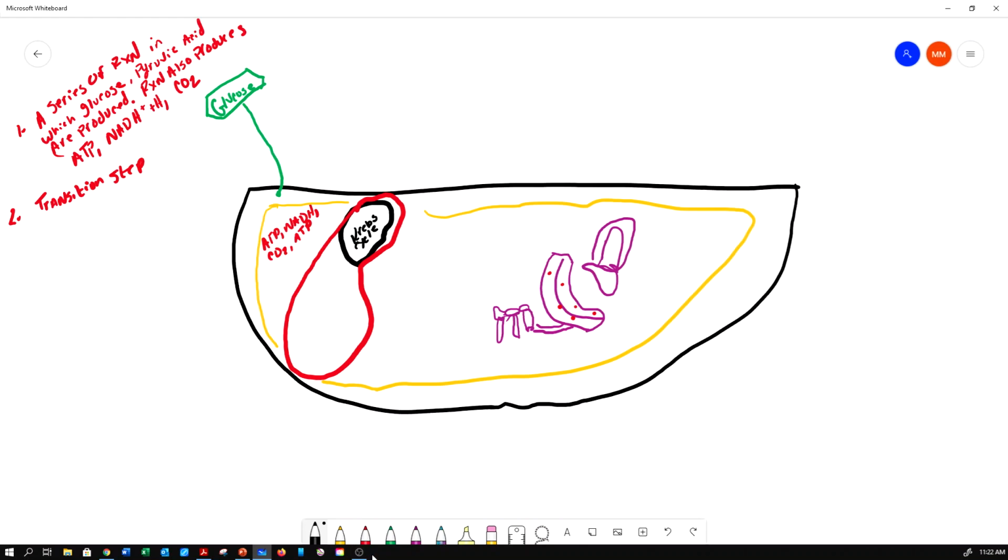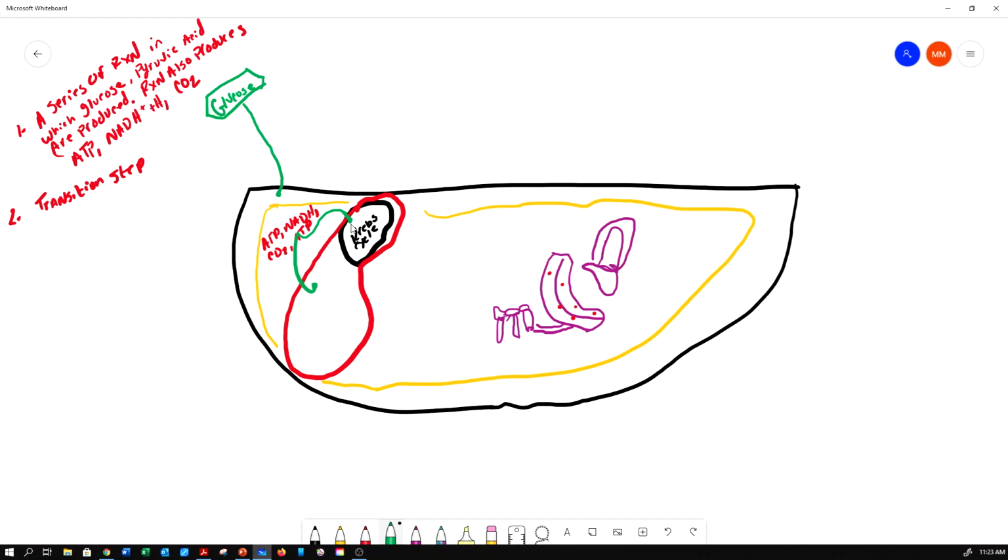And so when we have all of these ATP, NAD, CO2, and ATP, when it crosses into the mitochondria, because we're outside the mitochondria at this point. We're just coming in to the mitochondria. Okay, so we're inside the mitochondria, and we're at a transition step.